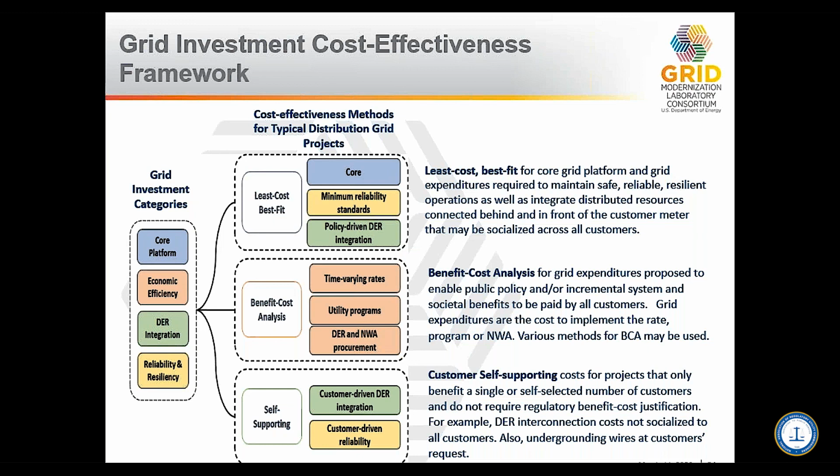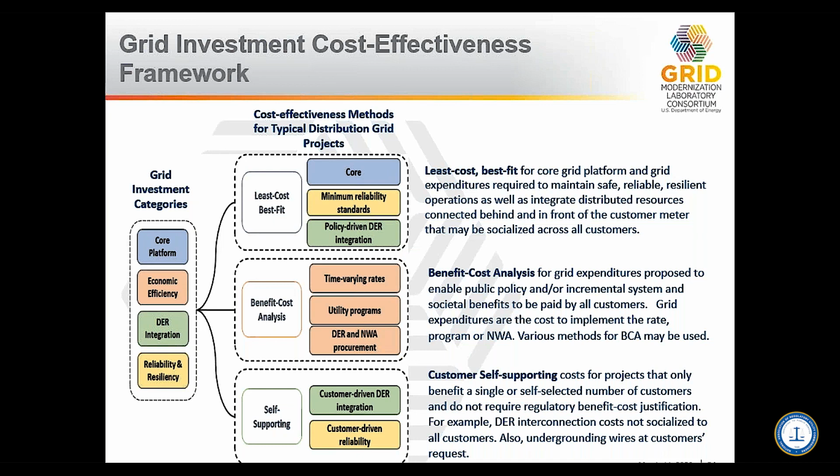Now, when we think about benefit cost analysis, those things like time-varying rates, what we would hope is that there's going to be the benefit of the rate, but there's also going to be a cost to implement those components or those technologies, and in some cases, business processes, to be able to enable those time-varying rates and the benefit of those rates.